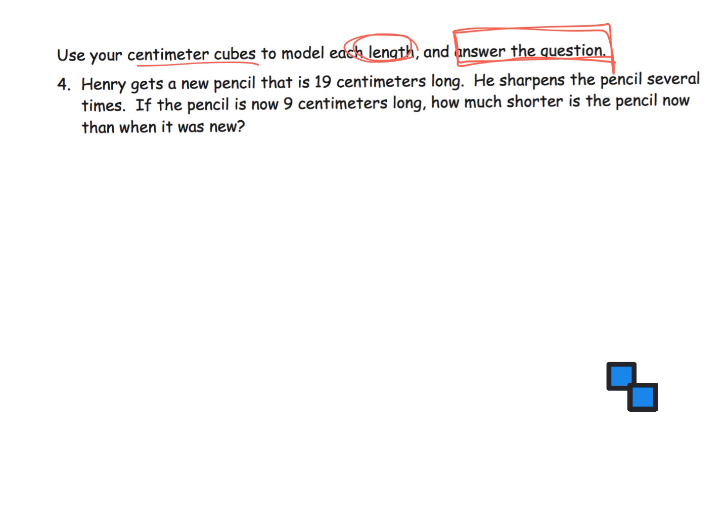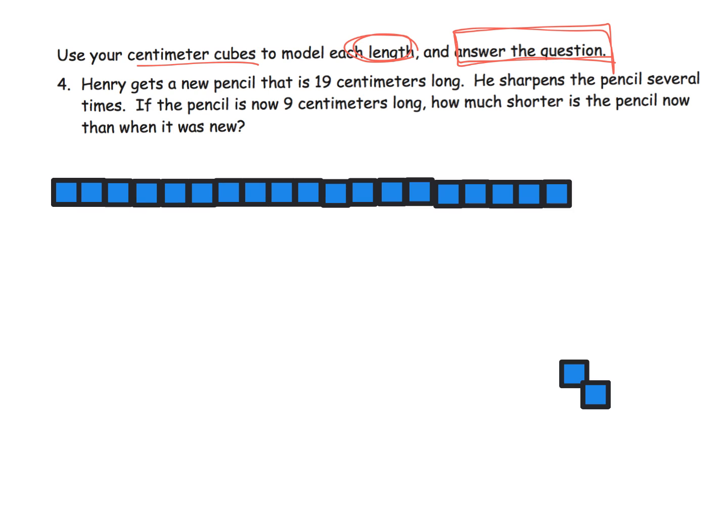And then it allows us to take that number and start answering questions about it, usually comparing or adding or differences. So first thing we're going to do is, it says Henry gets a new pencil that is 19 centimeters long. So we're going to line up these cubes so that we end up with 19 cubes going in length. So through the wonders of technology, there's my 19 centimeters.